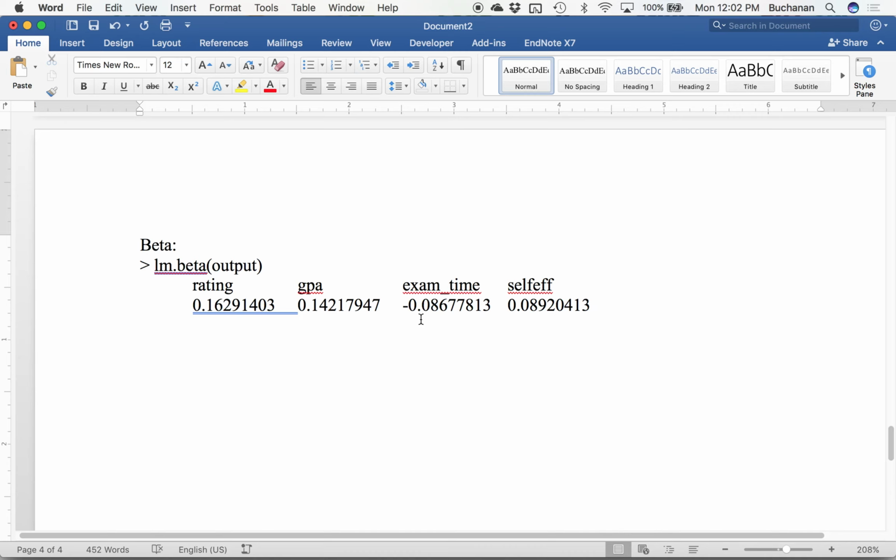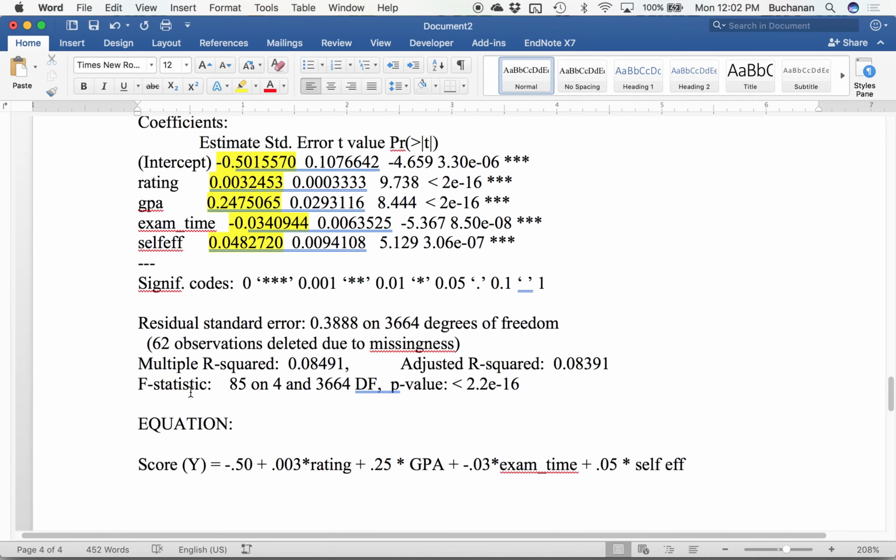A negative score for exam time to me implies that as we go through the semester, scores are going down. But all the rest of these are positive. So as I rate myself as doing better on the test, I do better. If I have a higher previous GPA, I do better. As the semester goes on, and we get to that last exam, we do worse.